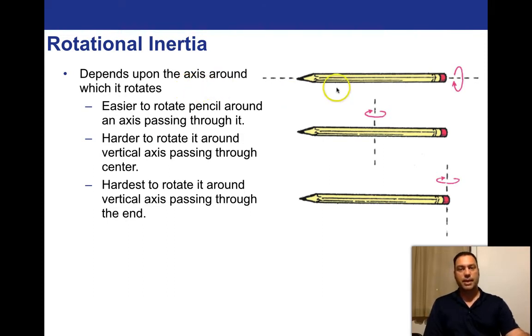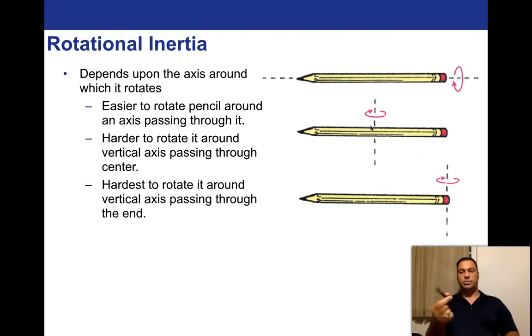If you take your pen or your pencil and you rotate it like so, as we see up here in position number 1, it's actually pretty easy to spin. That's because the axis is going straight through the pen. Now, the next stage harder would be to simply take the axis and put it right here in the middle. And when you do that, you're basically rotating it like this.